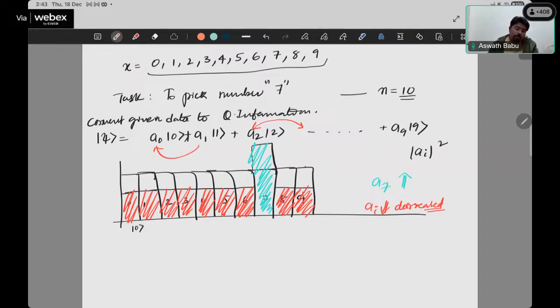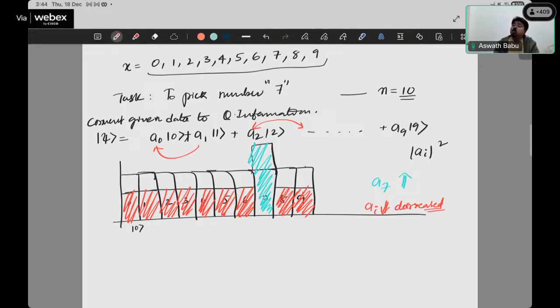But a7 and some other number, let's say a5, can constructively interfere, so a7 gets its amplitude increased but a5 will not. In that way I can increase the probability amplitude for the number I want to pick. So constructive interference works as per my wish.